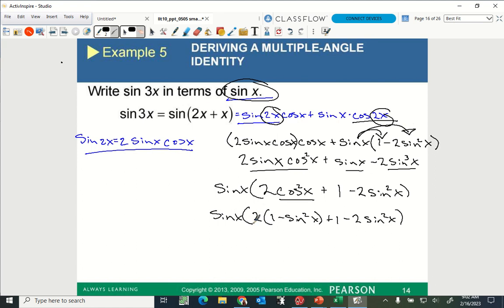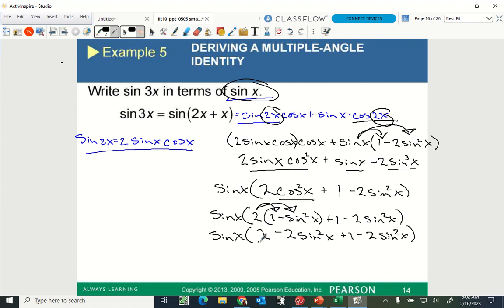I'm going to distribute this piece now. Sine of x parentheses. So this 2 times 1 is going to give me 2, right? Now, multiply over here, I get minus 2 sine squared x, right? Plus 1 minus 2 sine squared x.